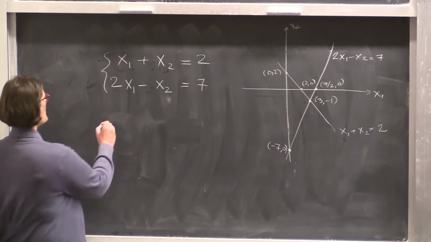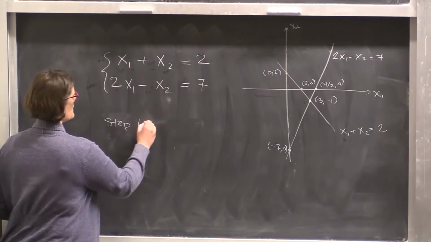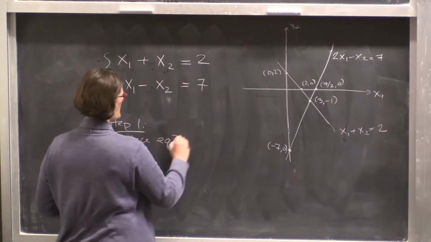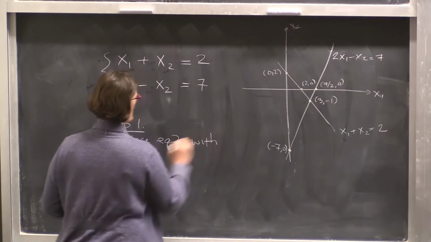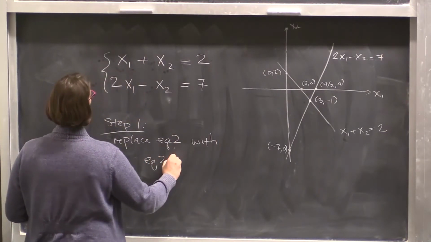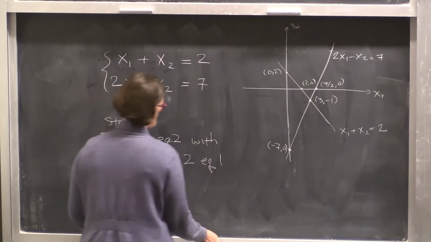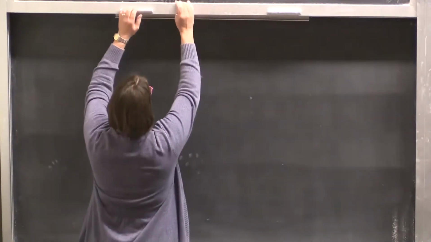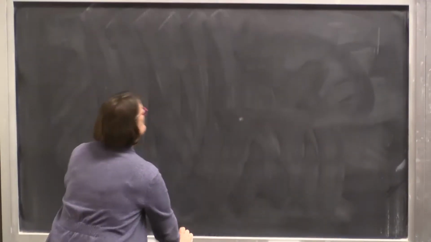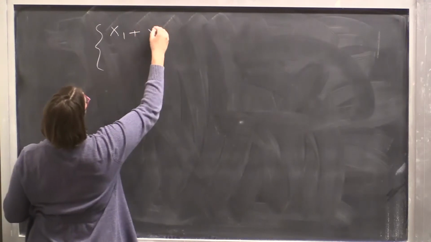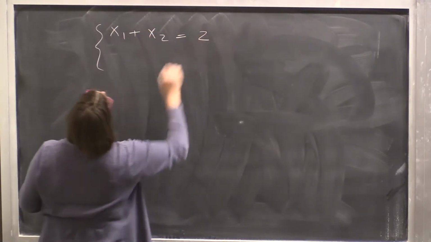So the first step is to replace equation 2 with equation 2 minus 2 times equation 1. So I'm keeping equation 1, x1 plus x2 equals 2.